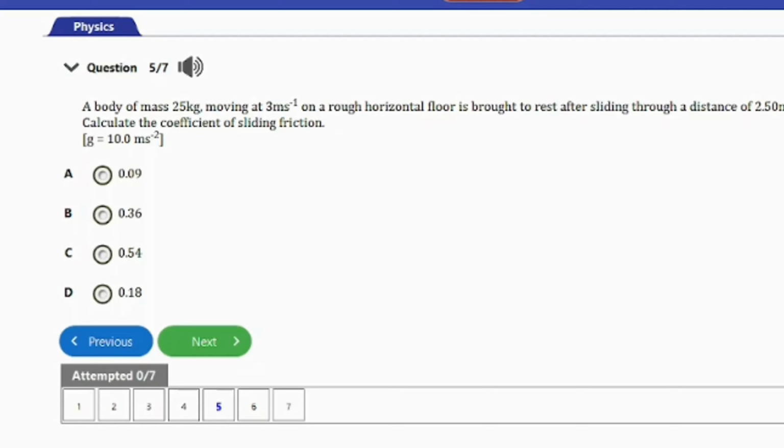For this question, the coefficient of friction here is the frictional force over the reacting force, or the acting force over the reacting force, or the force of action over the weight of the object.